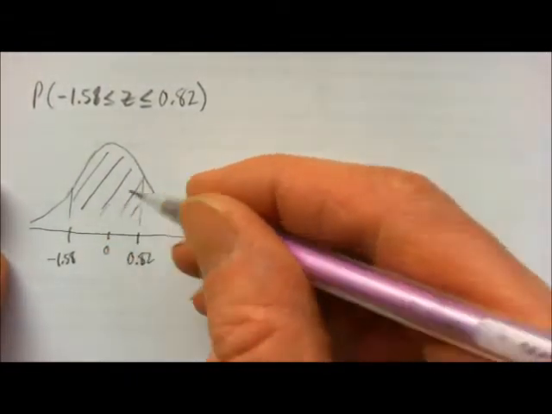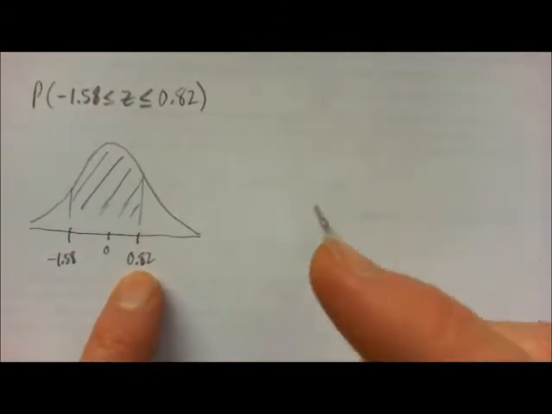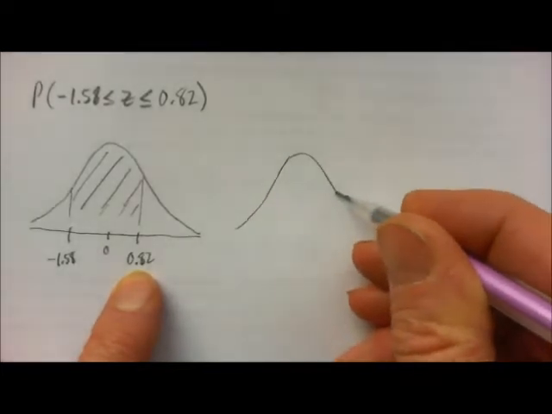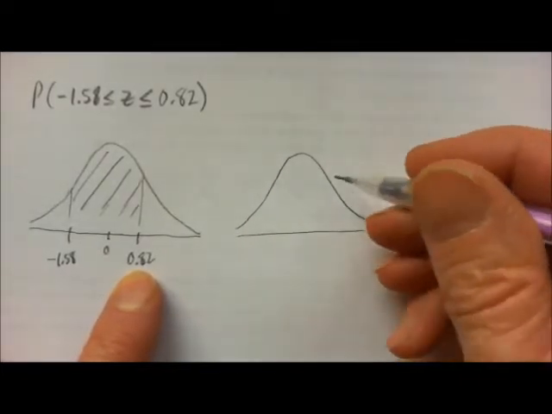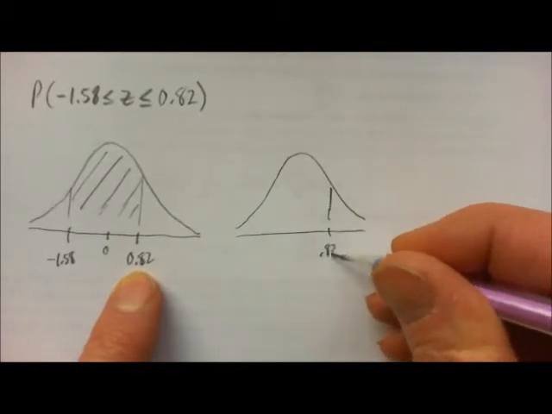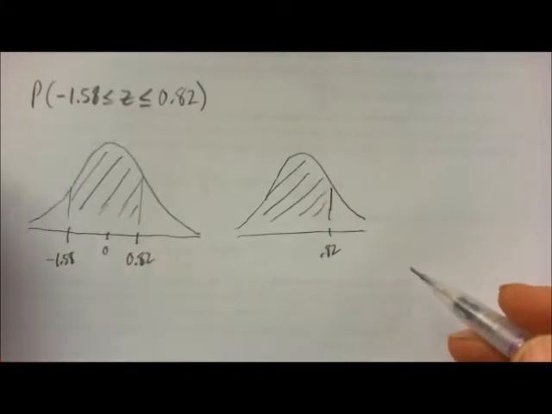Okay, so if we go straight to the table and look up 0.82, what that's going to give us is this probability, the probability that we're to the left of 0.82. So here's 0.82, and that'll tell us the probability of being over here somewhere.